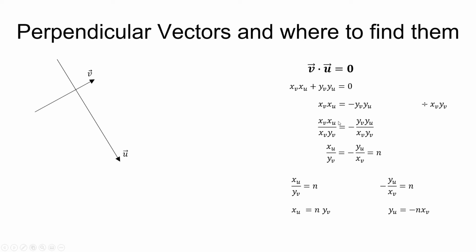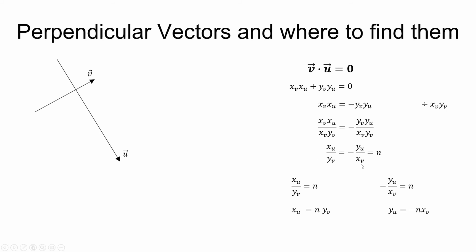In this equation, there are like terms here and here, xv and xv in the numerator and denominator. They will cancel themselves, and also yv and yv here will also cancel themselves, giving us a much simplified form of this equation shown here.